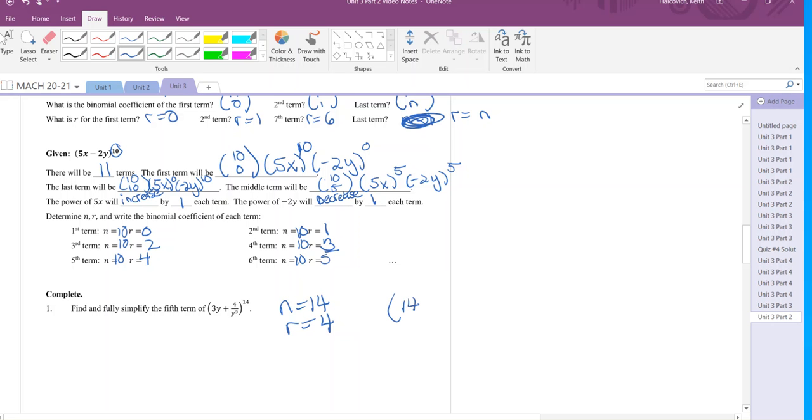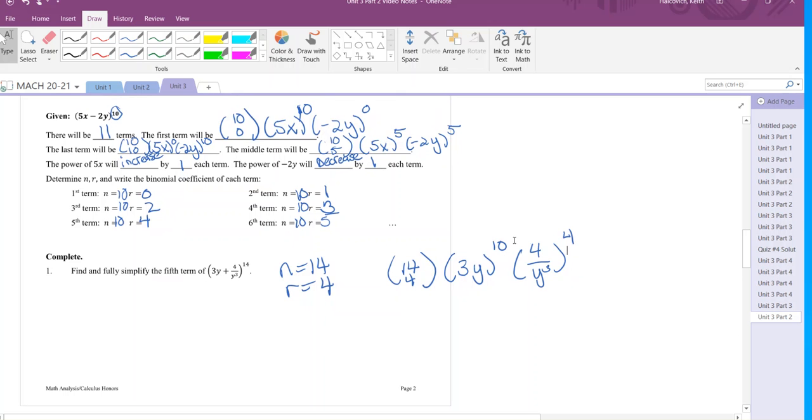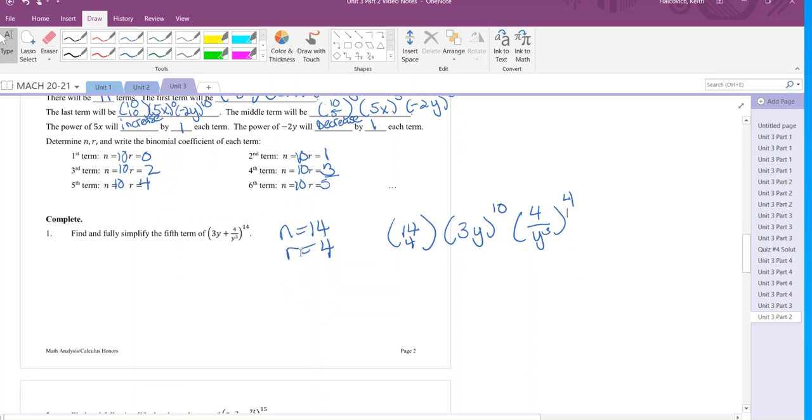So it's 14 choose 4, and then it's 3y to the 10th, because remember the difference, and then 4 over y to the 3rd to the 4th. And it makes sense because the exponents have to add up to 14.